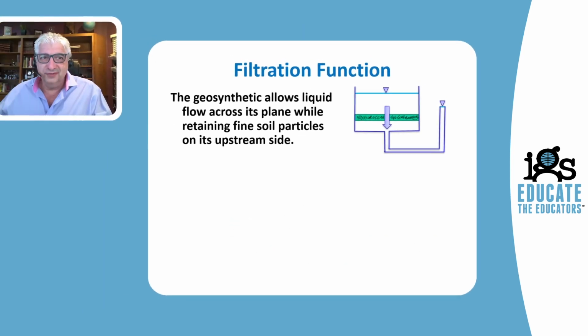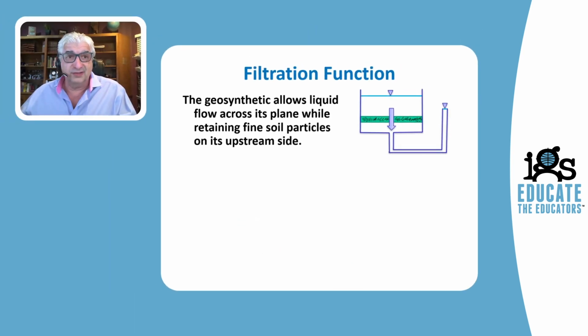Let's continue with the hydraulic functions of geosynthetics, starting with filtration, which involves cross-plane flow. There are two important aspects that we need to consider in a good filter. First, we need to let the water flow through the geosynthetic easily.